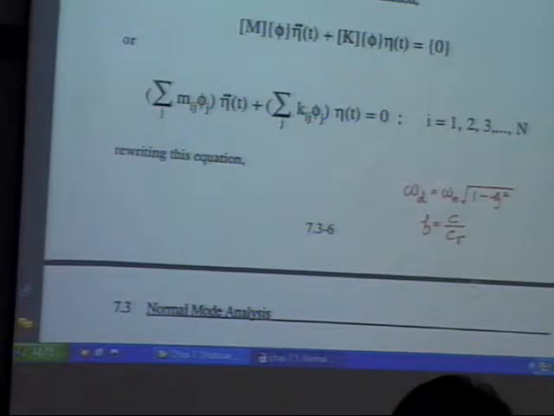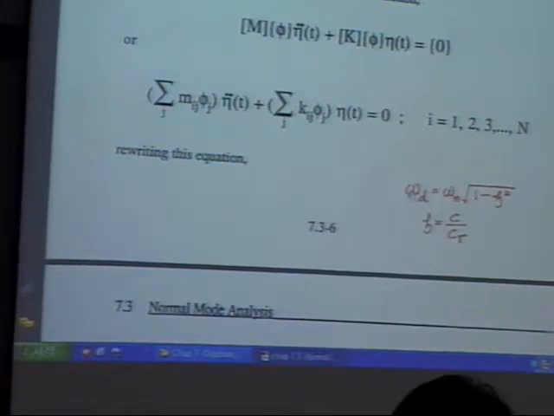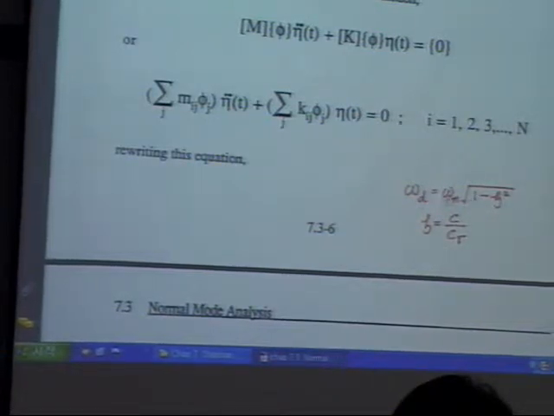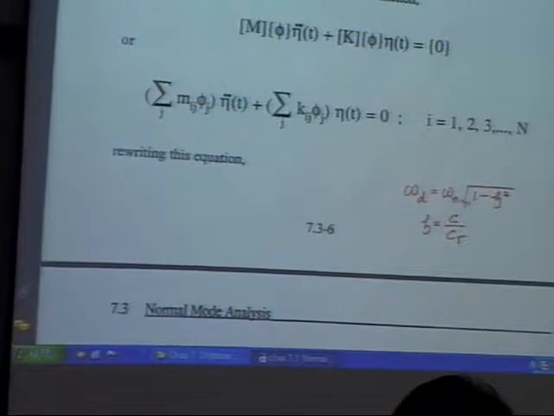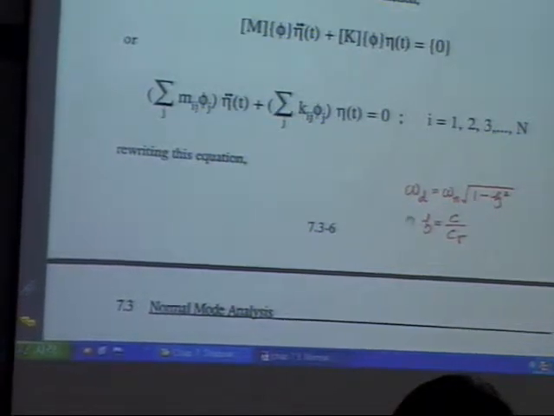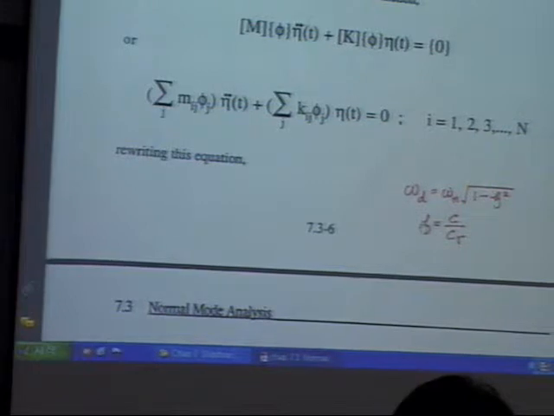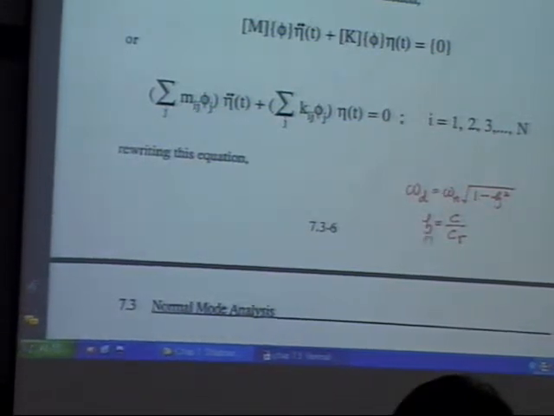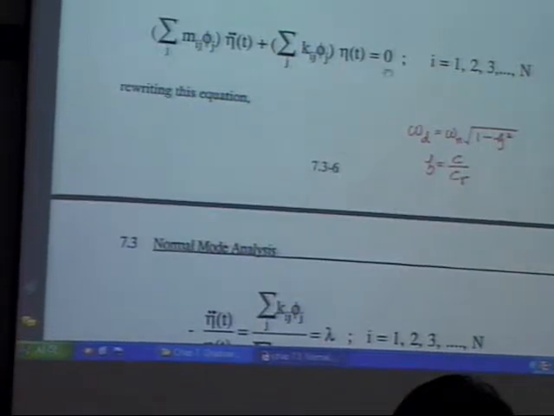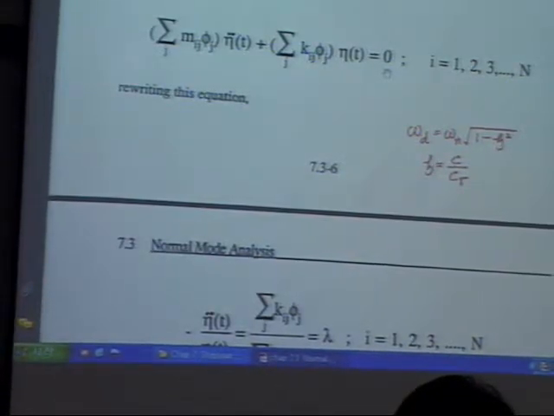So now here comes this. This omega d is the damped natural frequency. It is related to the undamped natural frequency times the square root of 1 minus zeta square, not the 2, okay? Zeta is the nominal damping ratio you are dealing with all the time. So this is the expanded form, okay?